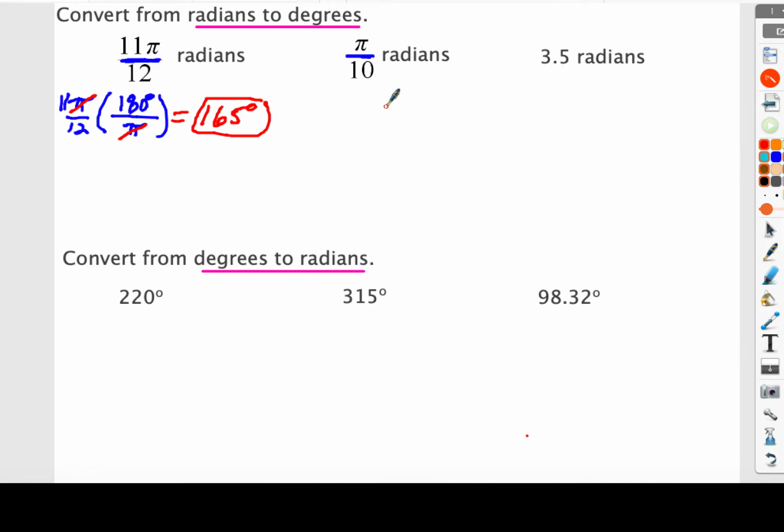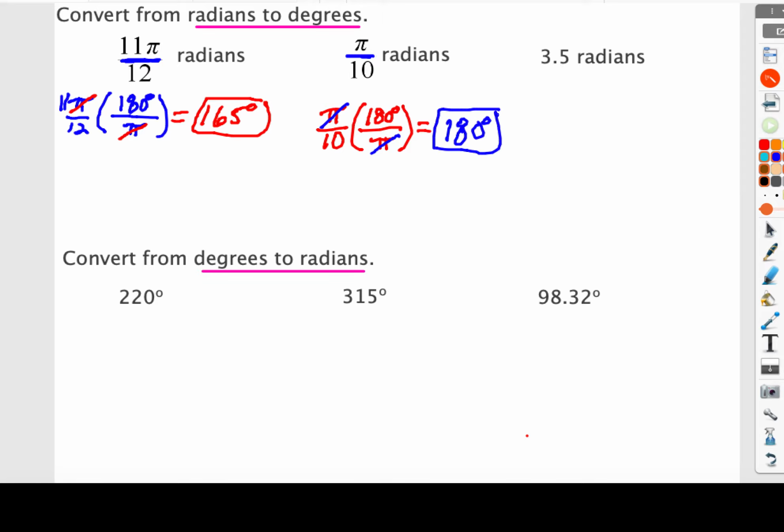Let's do the same thing with pi over 10 radians. If we start off with radians, pi over 10, we're going to divide away pi radians, and we're going to introduce 180 degrees. Now this one should be simple enough. We cancel away the pi's, and 180 divided by 10 should be 18 degrees.